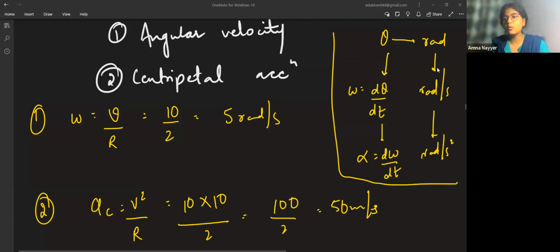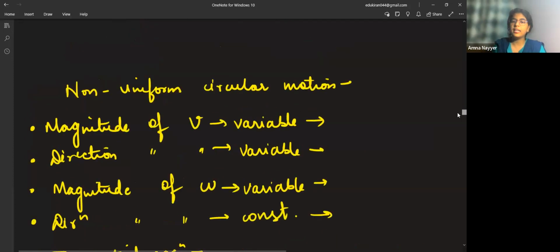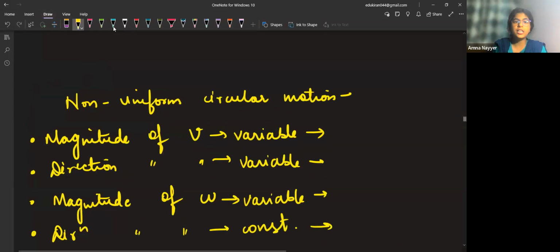One more thing, class: how to identify whether you have to use angular acceleration, tangential acceleration, or centripetal acceleration. Till now, I have named 3 types of accelerations: one centripetal, one tangential, one angular, one linear.